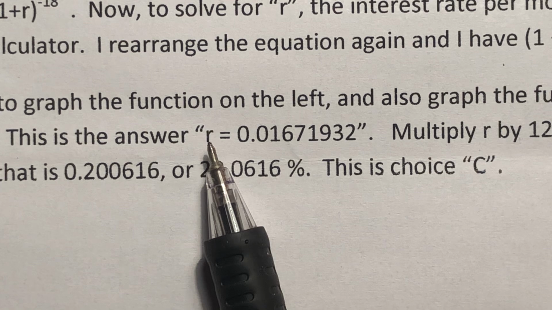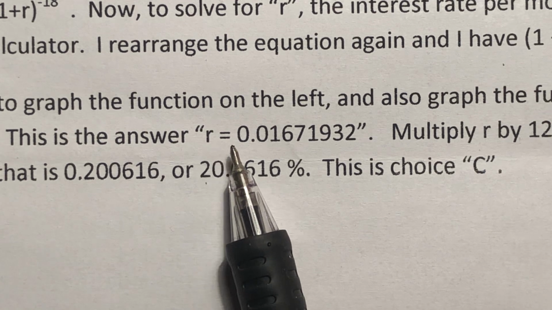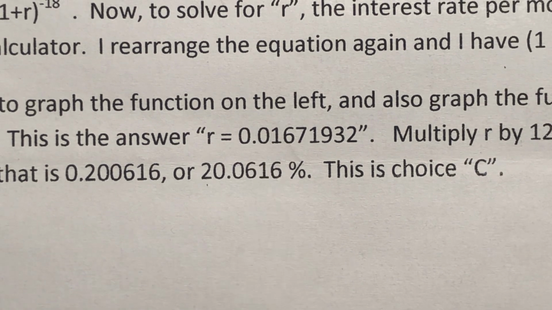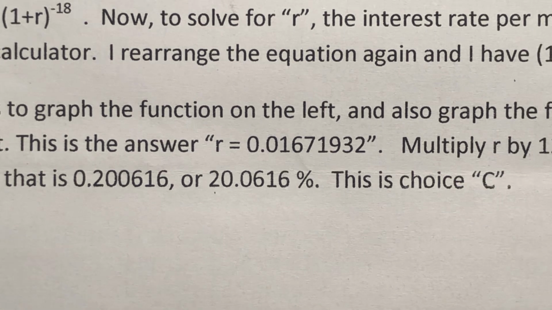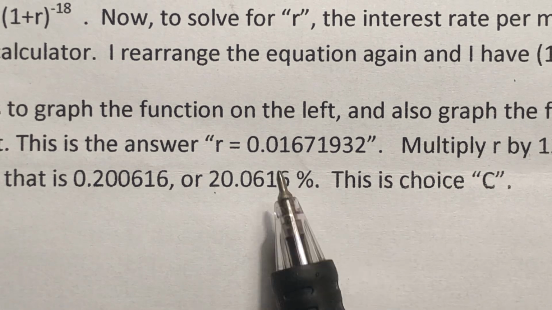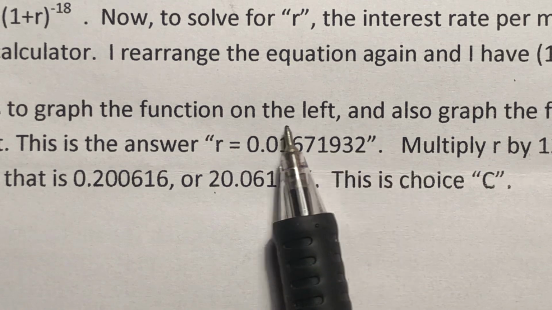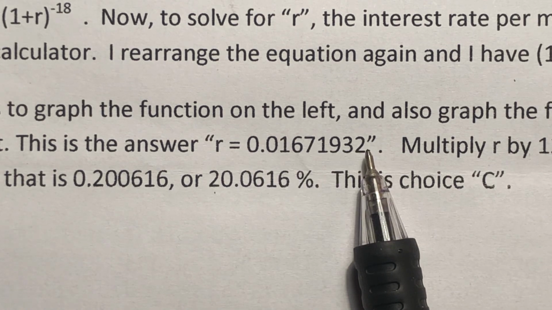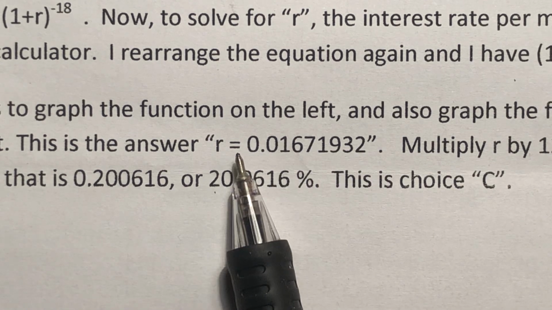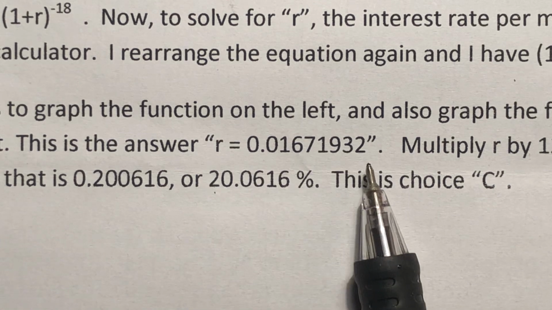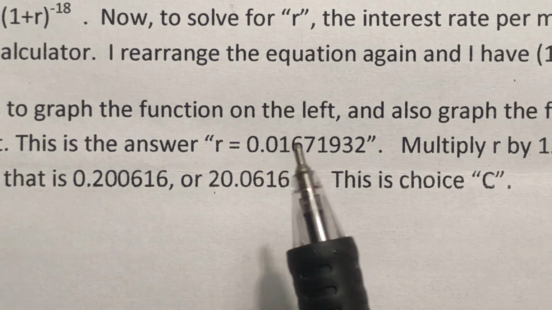But I want interest rate per year. This is usually how interest rate is expressed. It's annual interest rate. Therefore, I must multiply this by 12. Because this is monthly, and I want yearly.